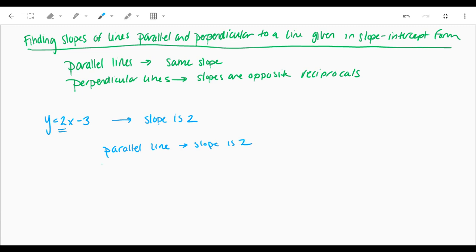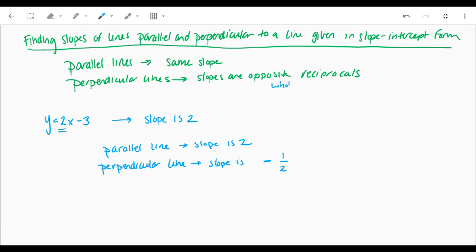And a perpendicular line, slope is the opposite, so negative, and the reciprocal. So 2 is the same as 2 over 1, so we'd have negative 1 over 2. Okay, so you just flip it.